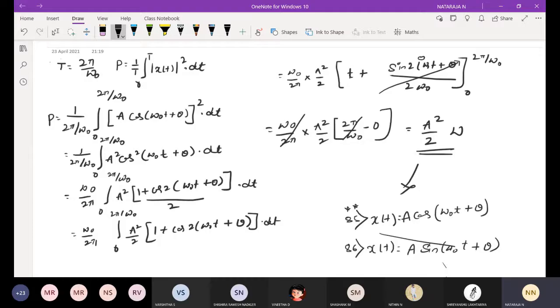Follow the same procedure. You will get a square sin square omega naught t plus theta. Sin square theta will be 1 minus cos 2 theta by 2.